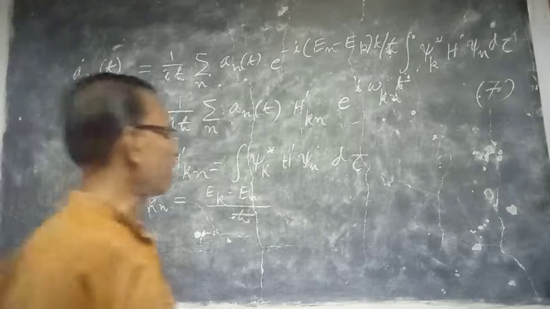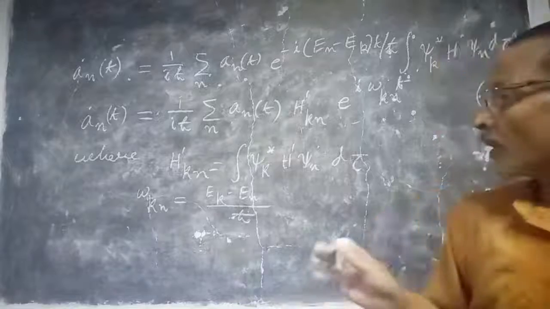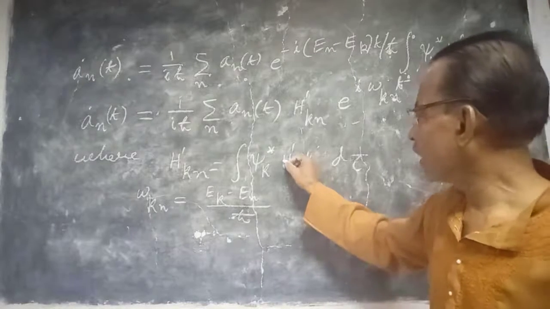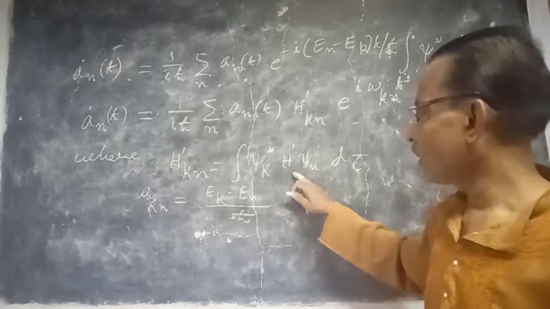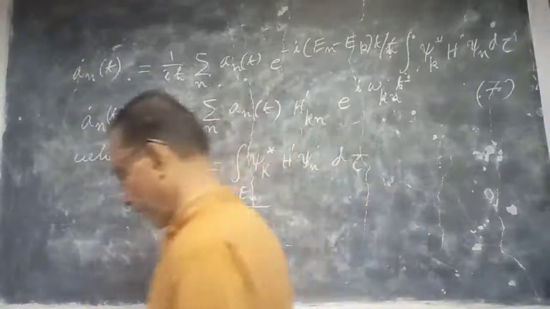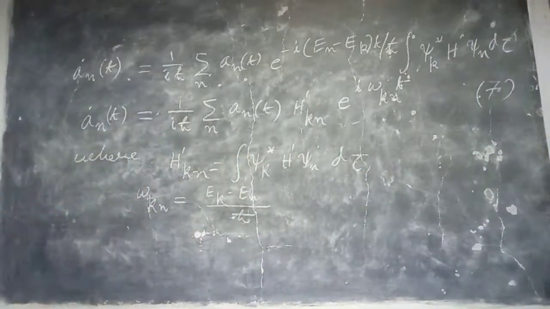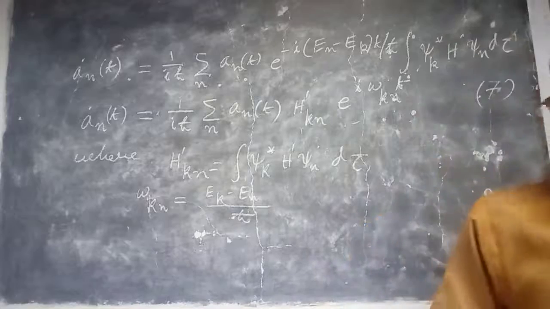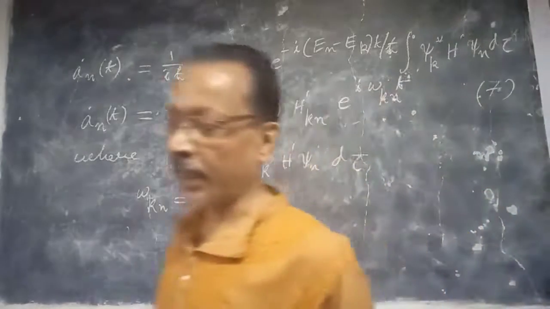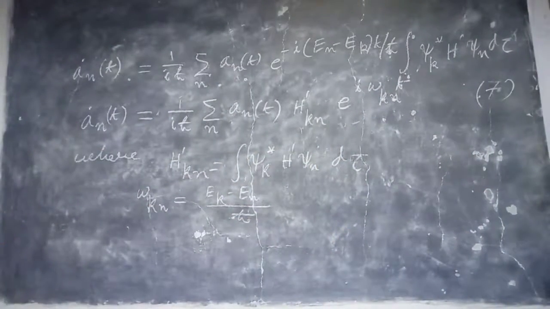Now, if we consider that the interaction is very weak, the perturbation is very weak, it is a weak interaction. So if H prime is weak, then the build up of probability in going from, say, the initial state to some other final state is very small, because the interaction involved in this case is very weak.